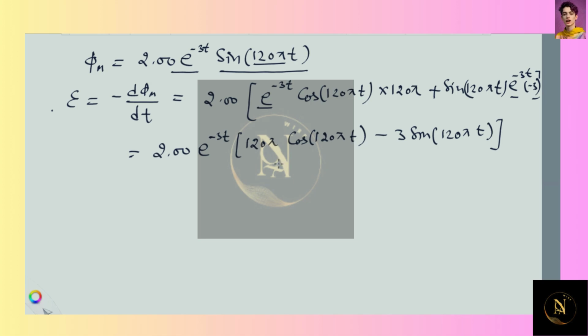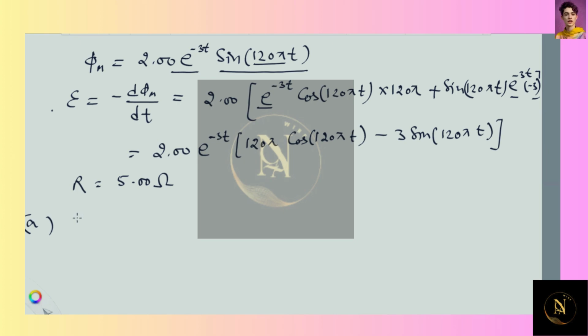Now we have to find the value of current passing through the coil at various times. And for this, the resistance of the coil has been given as 5.00 ohm. So in the first part of the problem, we have to find the current induced at a time of 0 seconds.